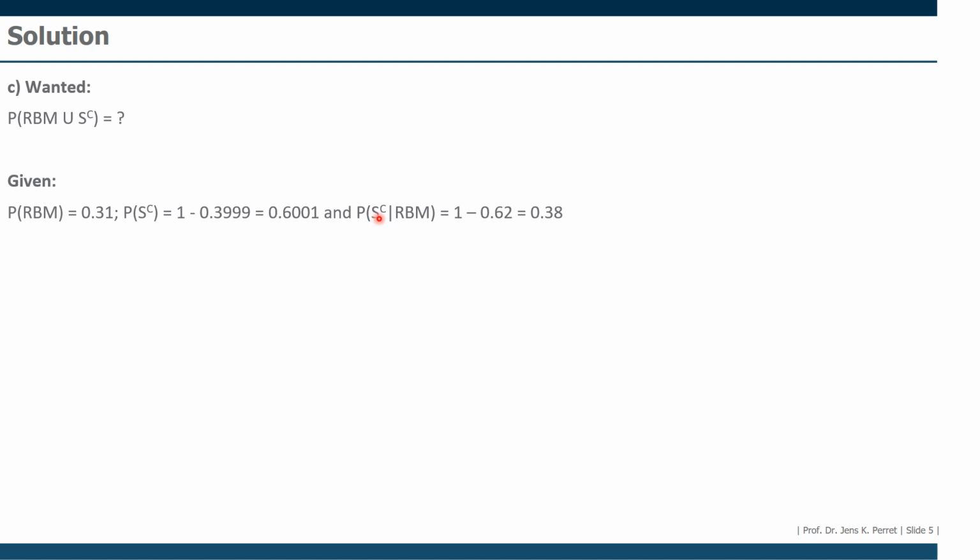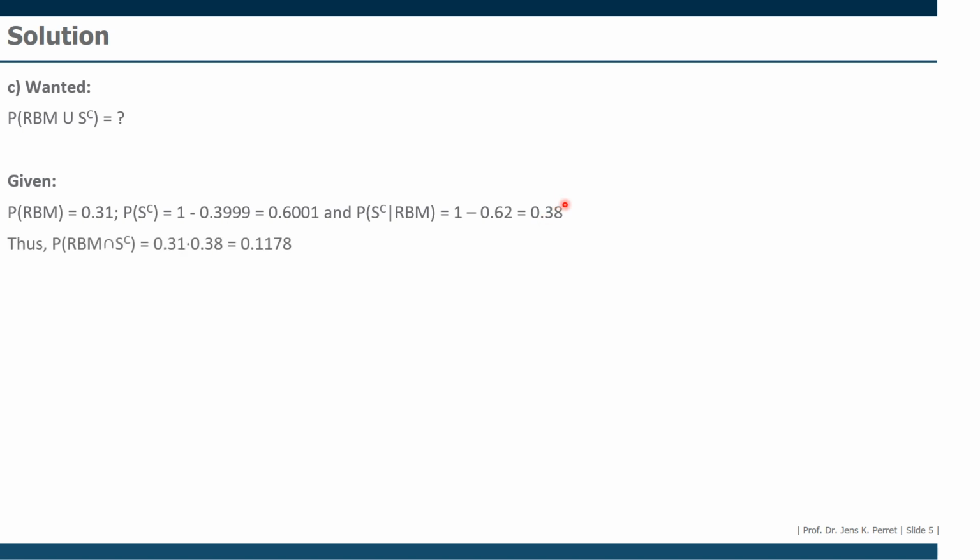Well, we know from the exercise the probability of studying in Spain under the condition RBM. So if we want to have the complement here as well, we can simply go with 1 minus again. This only works if we're looking for the complement here. This does not work if we have the complement of the condition. But well, in this case it works, gives us this intermediate result.